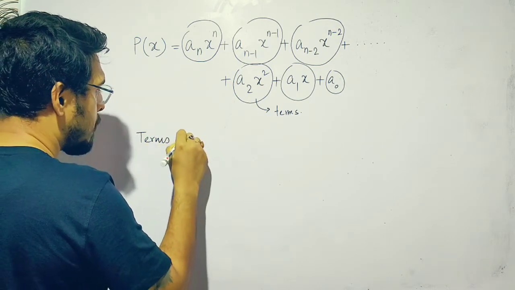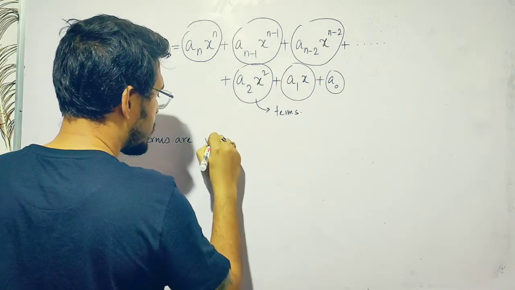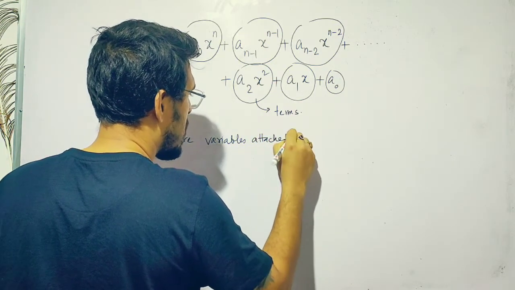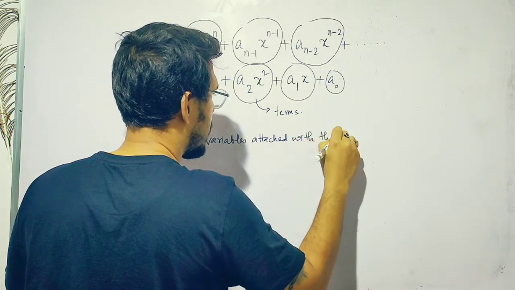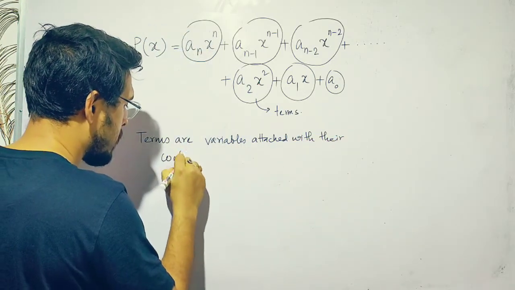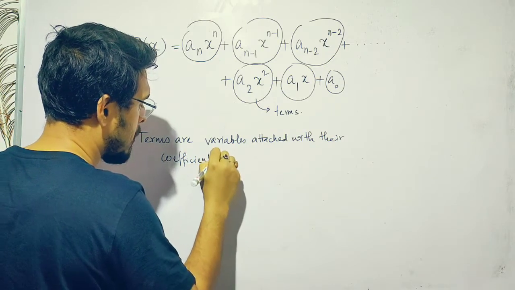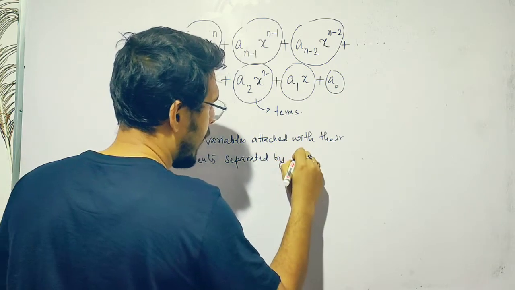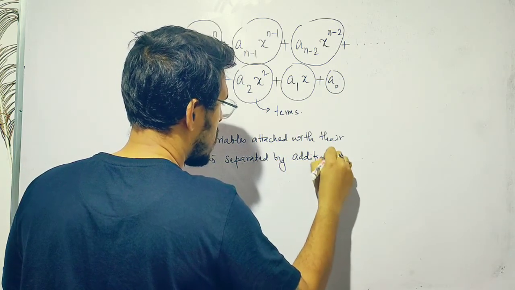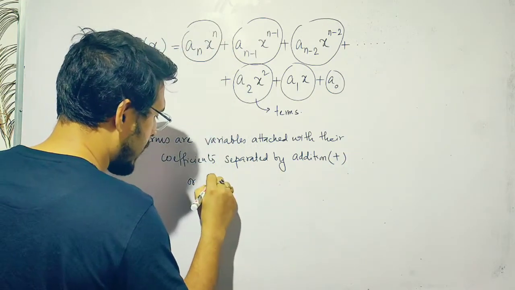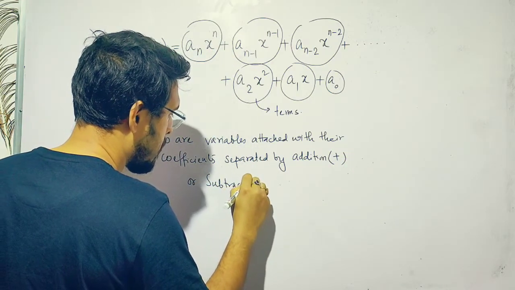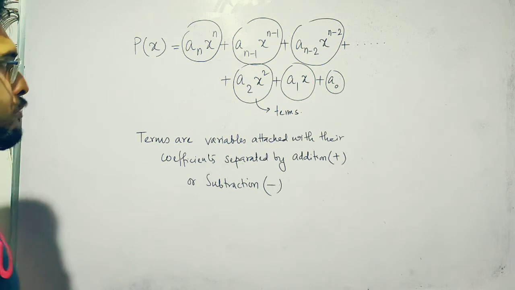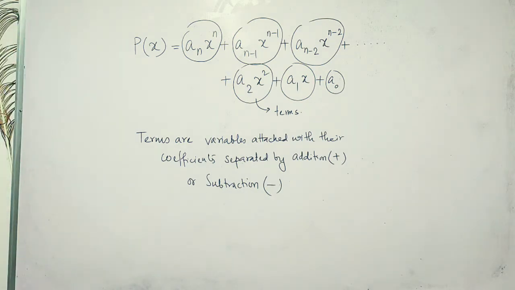Terms are variables attached with their coefficients, separated by addition or subtraction. So terms are variables attached with their coefficients separated by addition or subtraction.